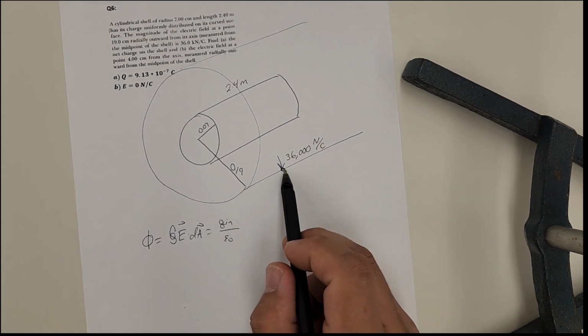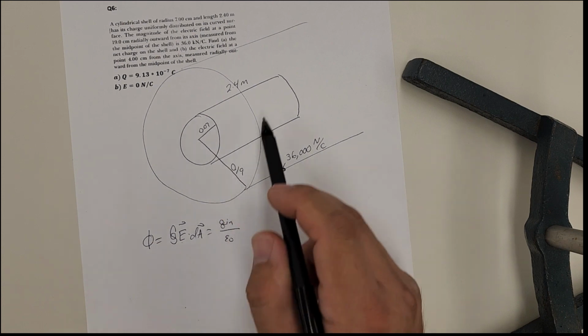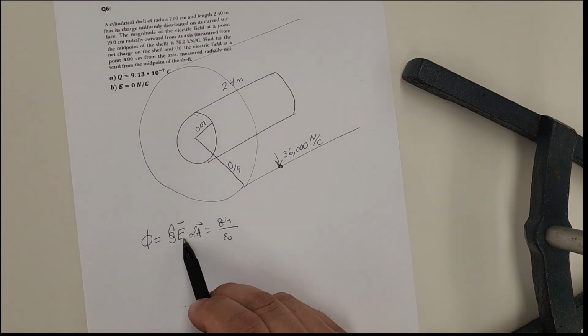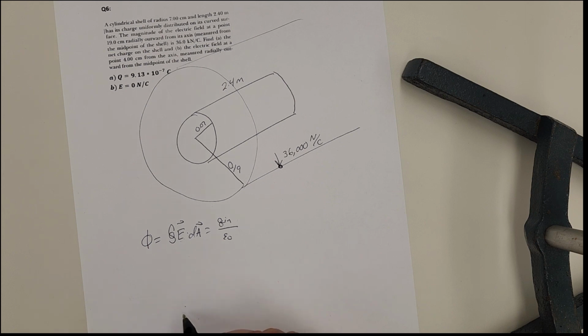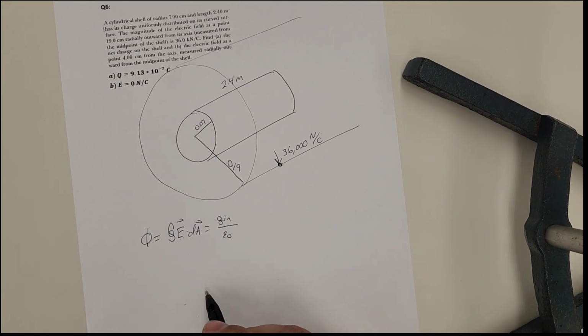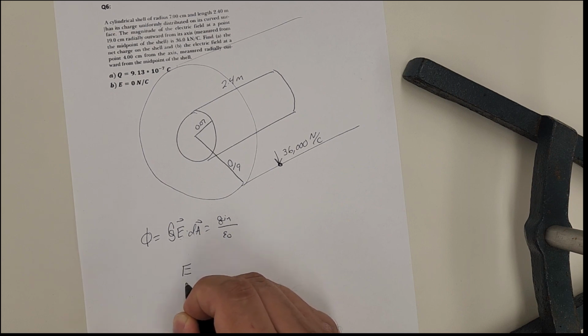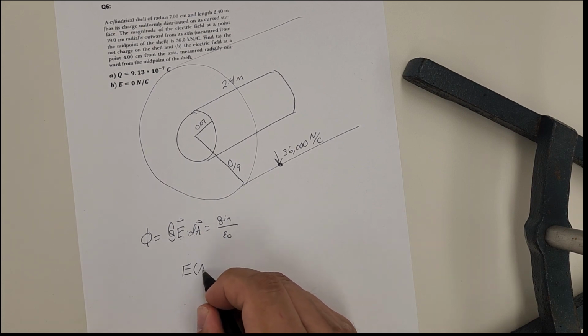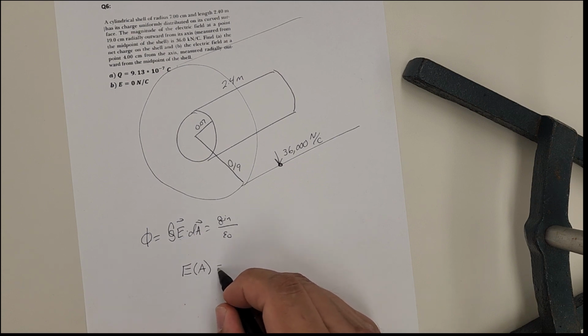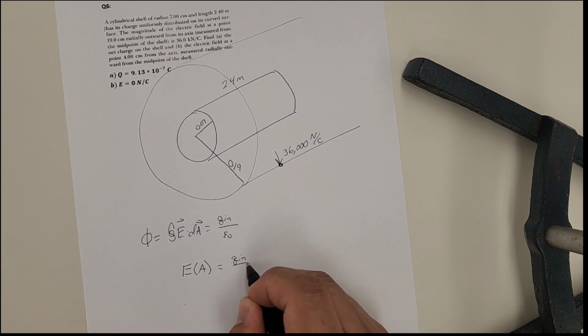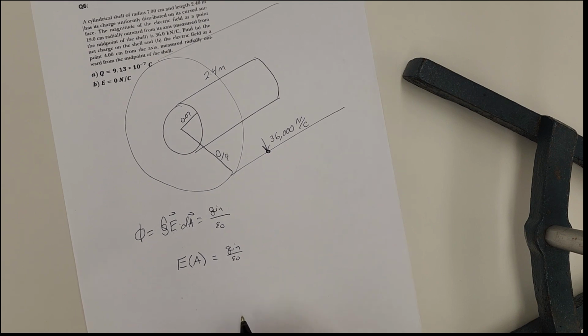The electric field is uniform because it's a cylinder inside of a cylinder, so the electric field is constant. We can pull that outside of the integral, and then we can just integrate the area for the total area of our shell. So let's start off with E times the area equal to the Q enclosed over epsilon naught.